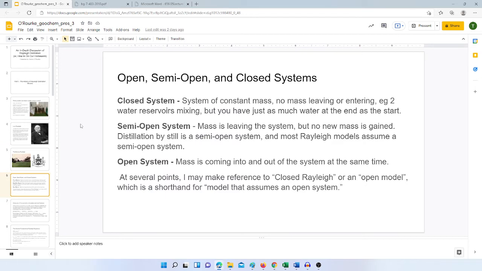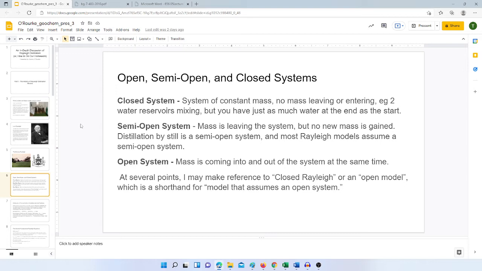So for my classmates, this will be review, but it's still important to talk about. We have closed systems, semi-open systems, and open systems. And these are how the mass changes over time in the apparatus. So in a closed system, mass is constant. Things might be moving around, but overall the total change of mass is constant.